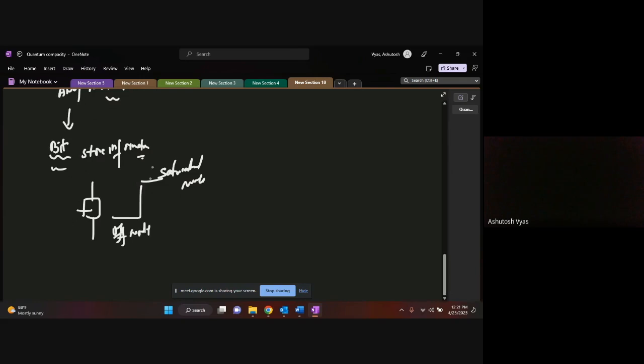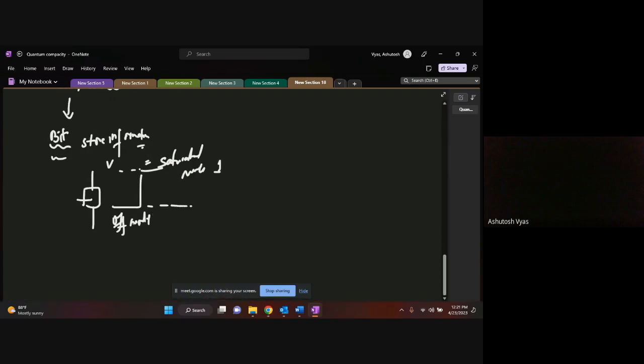When your transistor is in a saturated mode, that is, it is having a potential in it, a current voltage in it, you say that you have stored information 1. When there is no potential, or when it is operating in the zero off mode, you say that you have stored information 0. Yes or no?